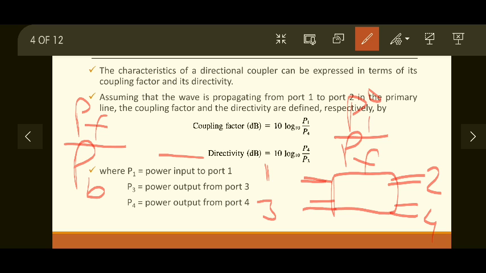Ideally, for the third port, power should be 0, but practically it does not exist. A 0 value does not exist, so P3 is not always 0 practically, but ideally if you consider P3 to be 0, then directivity should ideally be infinite.